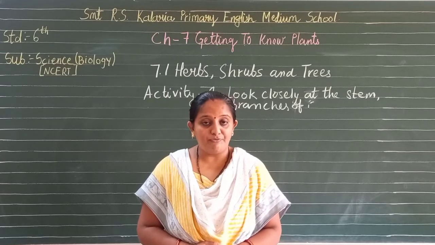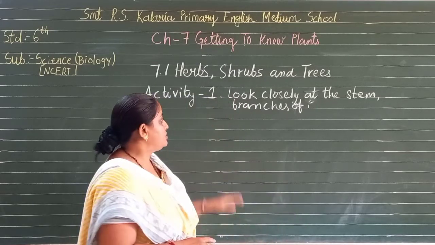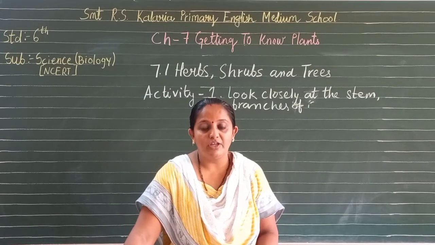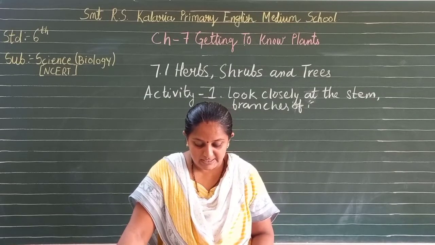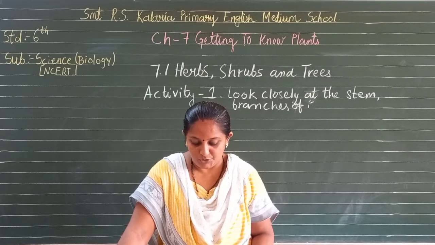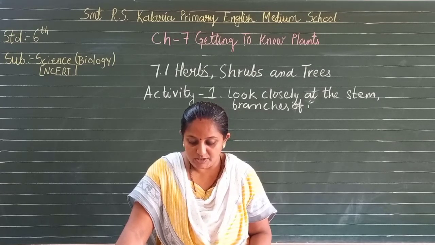For this you have to perform an activity. Look closely at the stem and the branches of plants. First, plants much smaller than you. Next, plants that are about your size, and plants which are much taller than you. Touch their stem and try to bend it gently to see if it is tender or hard. Take care that the stem does not break.